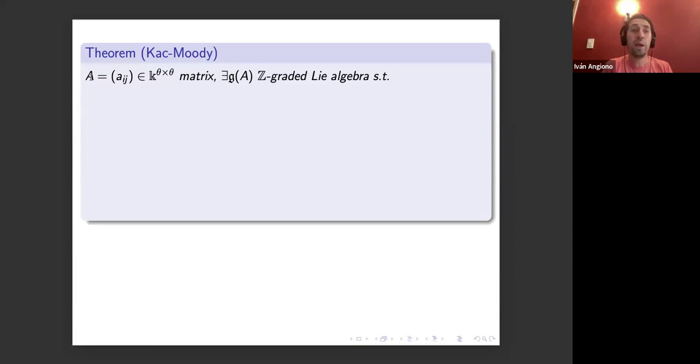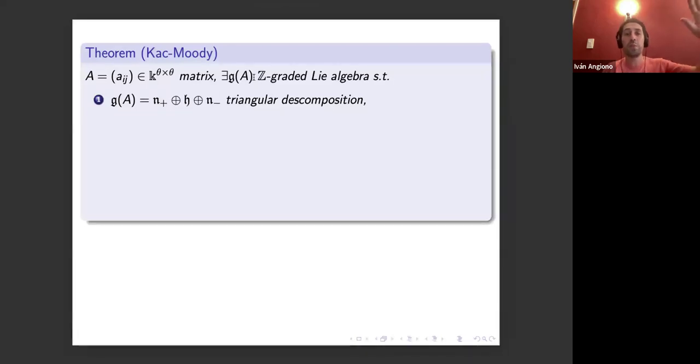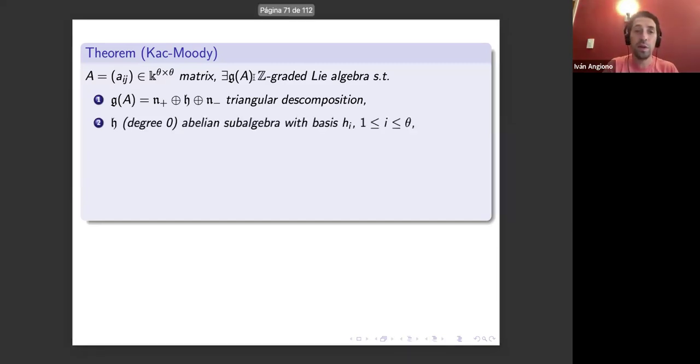This is a construction where you start with a matrix and you want to construct a Lie algebra with a triangular decomposition. Some positive part, some negative part, which is essentially dual of the positive part, and some part in degree 0, where the part in degree 0 is abelian. I'm not going to say the general construction of Kac-Moody, but some of the part of this construction, let me say.